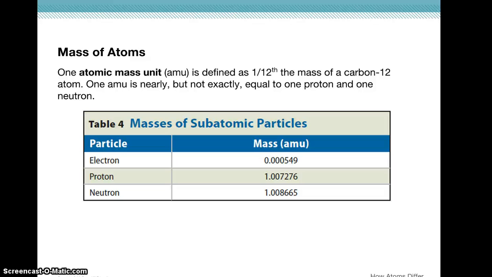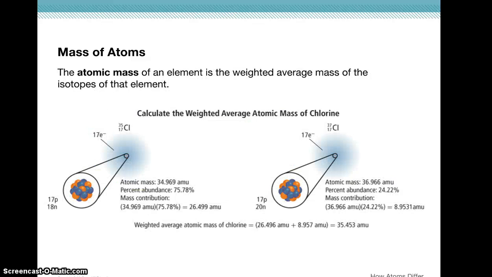So 1 AMU is not exactly, but nearly equal to 1 proton or 1 neutron. Okay, so it's not exactly equal, but it's very, very close. And you can see using AMU what the mass of each of the subatomic particles are. So that's why we can call the number of protons and neutrons the mass number, because it's very, very close to the actual mass of an atom.